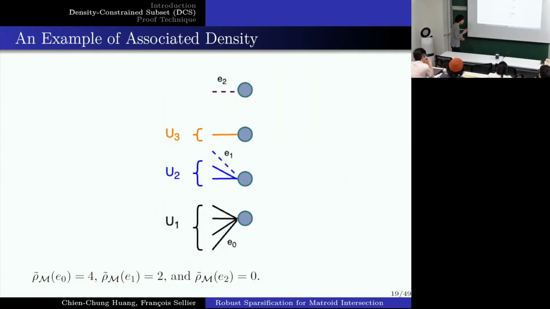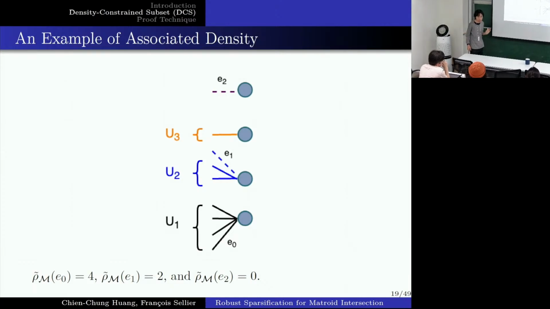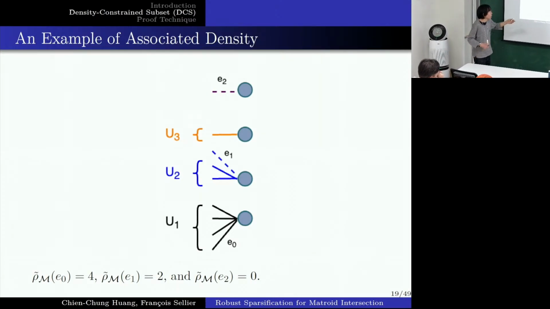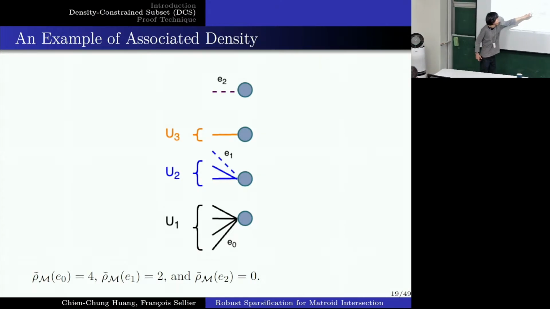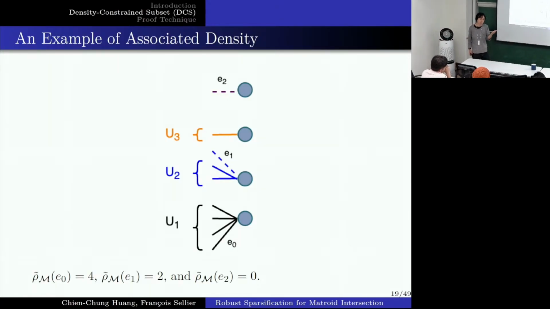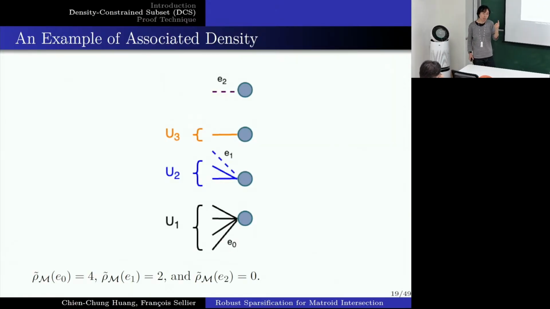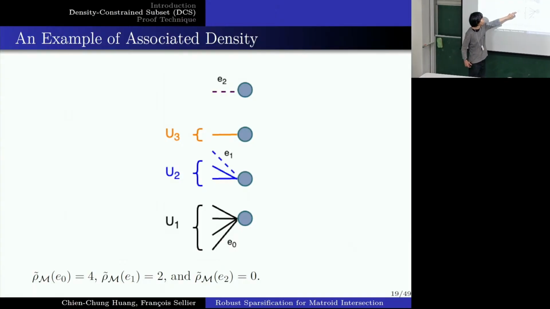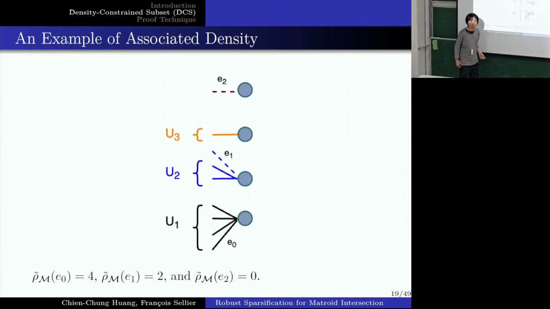Let's do the greedy decomposition. In this case, it's very simple because this guy has degree 4. You have four edges against the rank of 1. So this density is 4, this density 2, and this is 1. So this is going to be my U1.